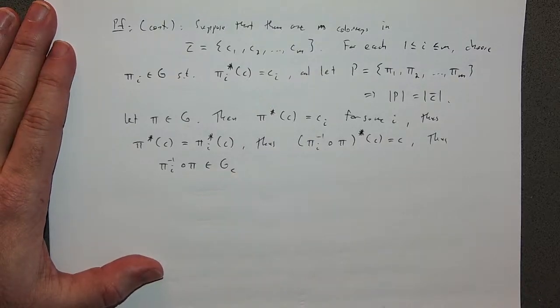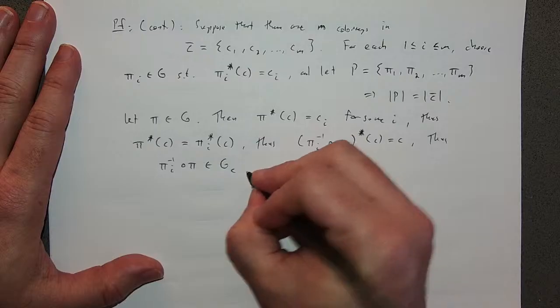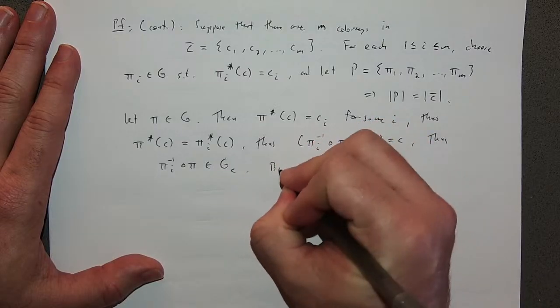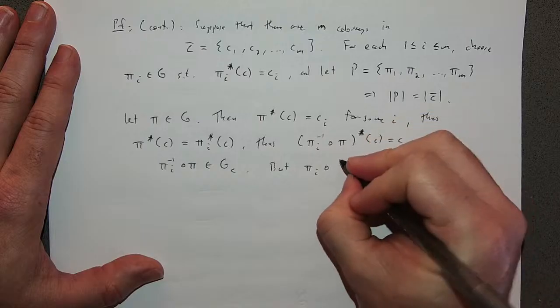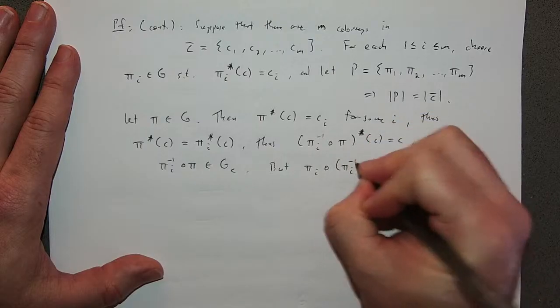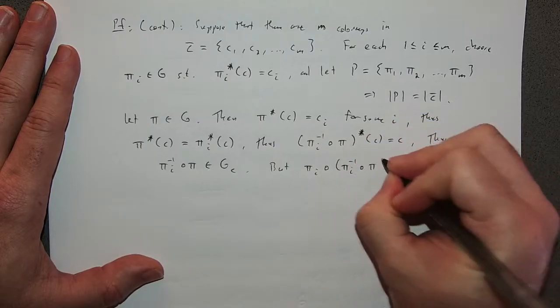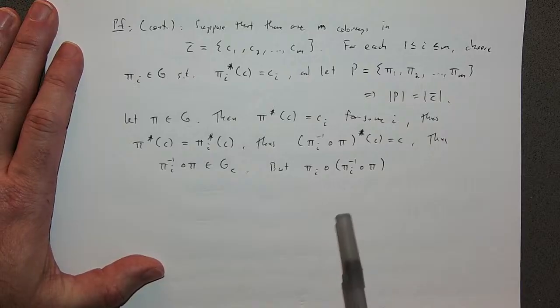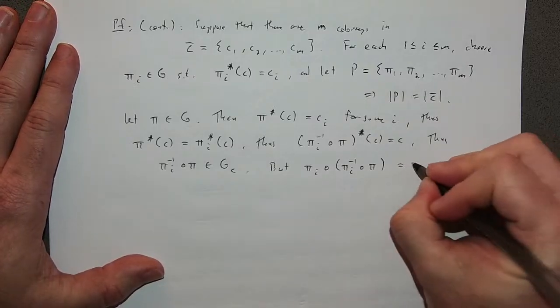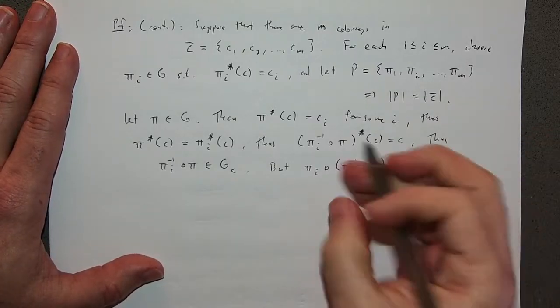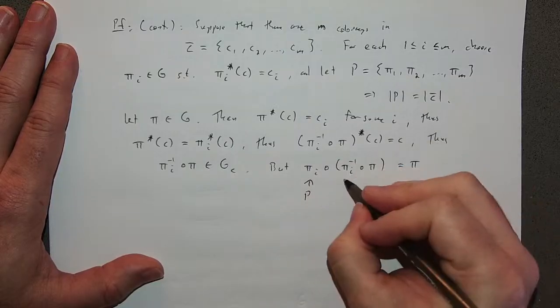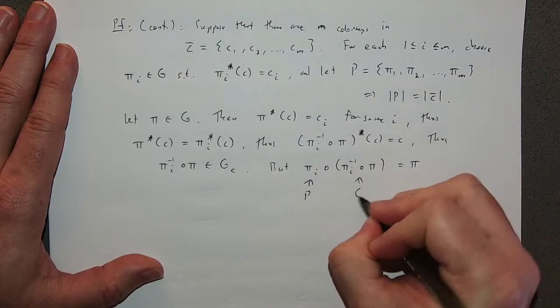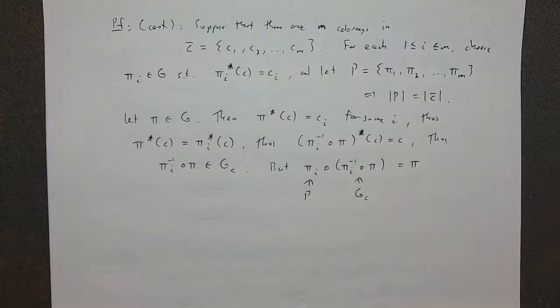But pi sub i composed with pi sub i inverse composed with pi is actually just pi. And pi sub i is in the set P, and pi sub i inverse composed with pi is in the stabilizer of C.